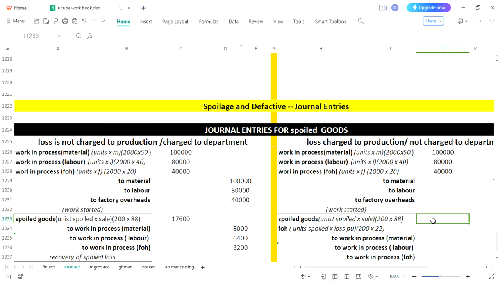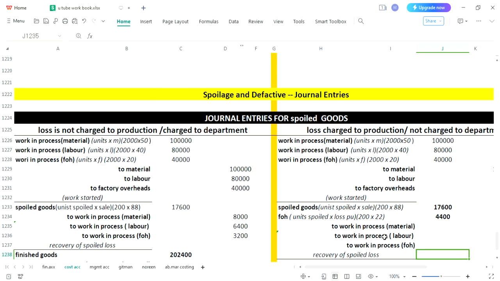Now it's time to calculate the amounts. First statement, follow this formula. 200 is needed to be multiplied by per unit 88. We have got our first amount. Then second amount, 200 is going to be multiplied by 22. Second amount has also been arrived.